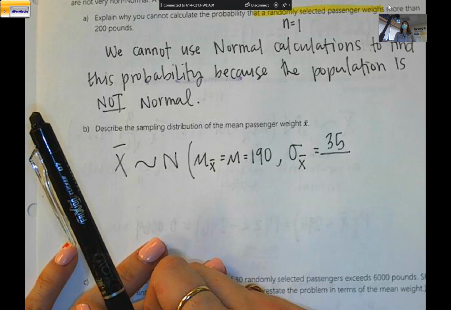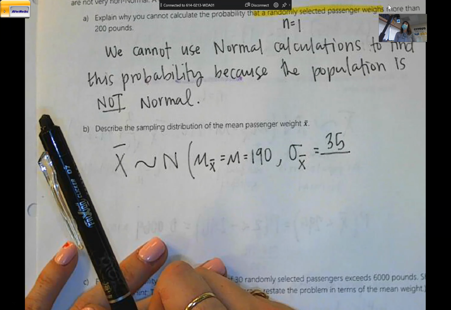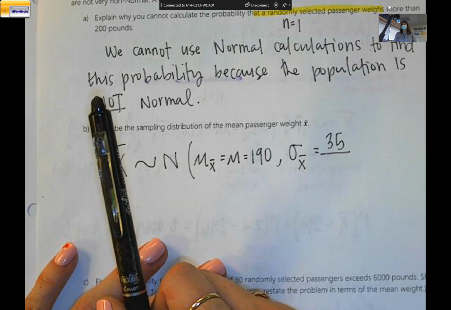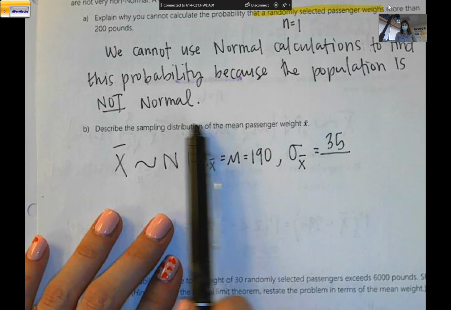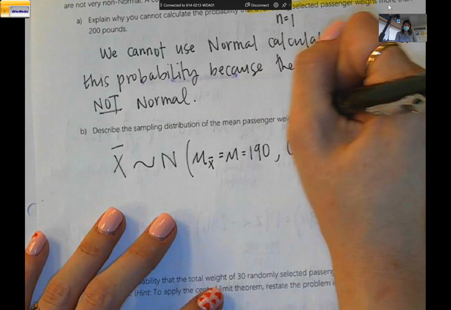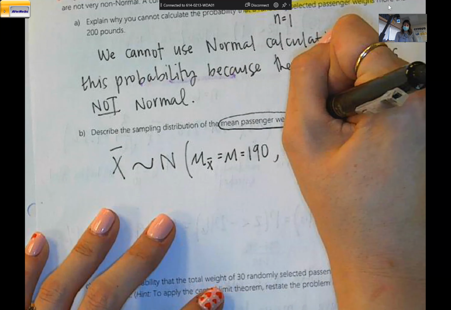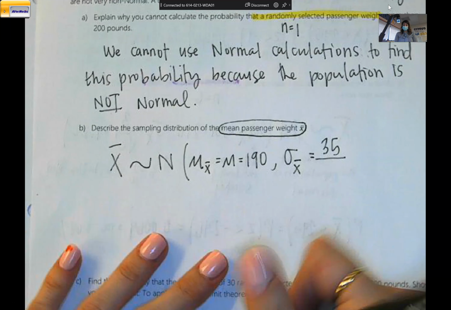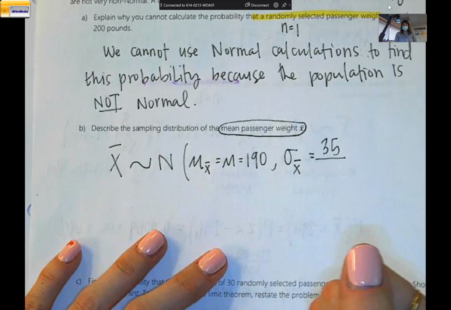So I think n is the number of passengers because it says mean passenger weight. So that means the mean of the 30 passengers.